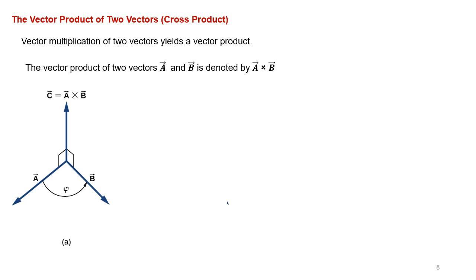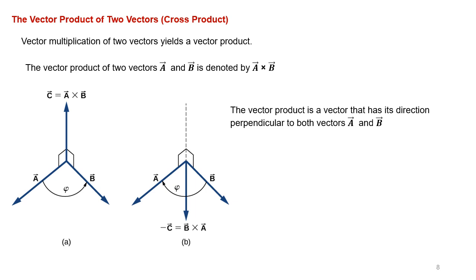An important thing to note: when I multiply A cross B, the vector is pointing up. But if you multiply B cross A, that is, if you reverse the order, the resultant vector changes its direction to down. So B cross A is minus C.